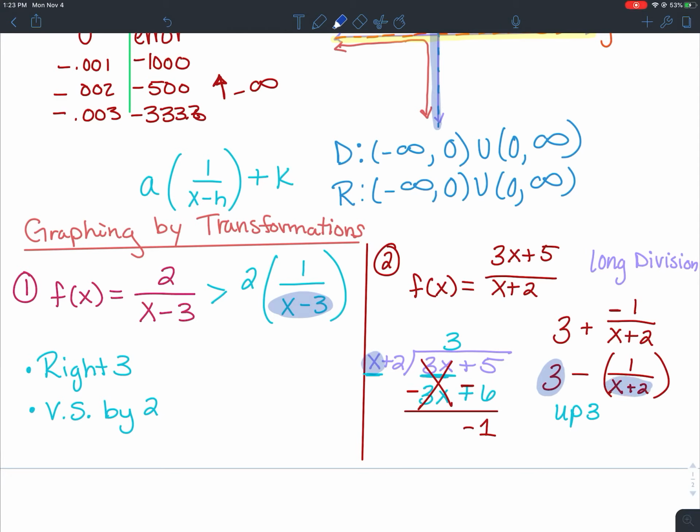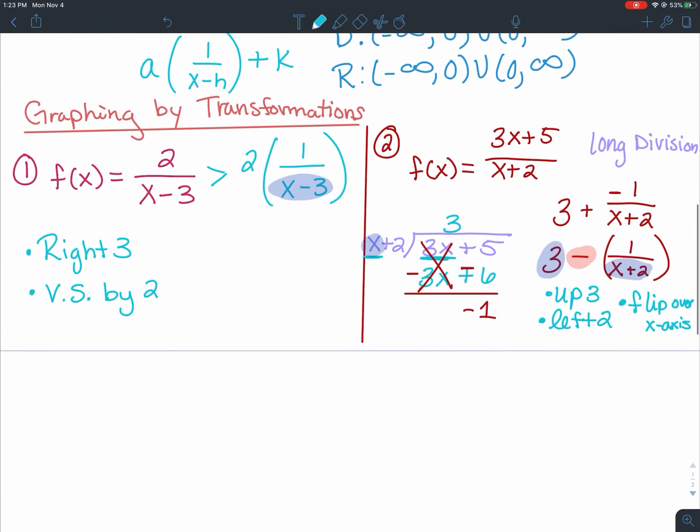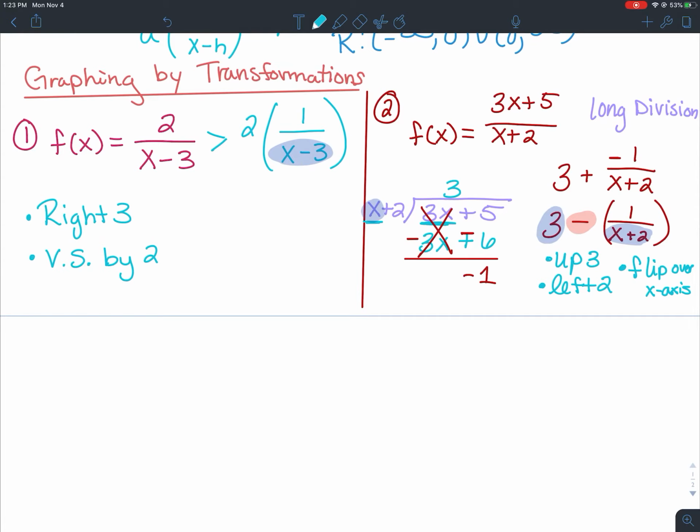The denominator is going left and right, so that's going to be left 2. And then the very last thing, if I negate it all, you are going to flip it over the x. So 3 things happened here. Up 3, left 2, and flip it over the x.